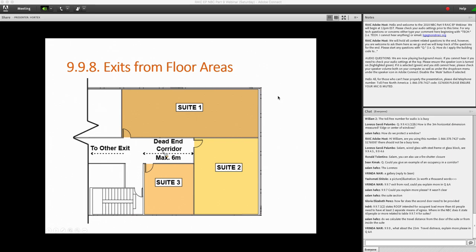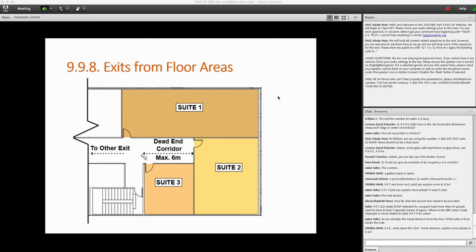There are some provisions in the code that will actually allow you to measure the travel distance from, for instance, the egress door of the suite to the exit there, provided the suite is constructed as a fire separation, and also where you have the door opening into a public corridor. Okay, and this is all discussed in 998 of the code.